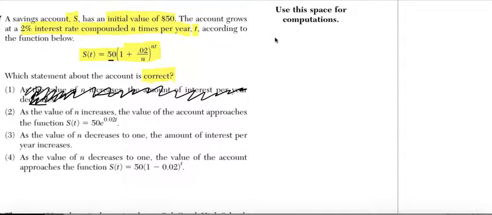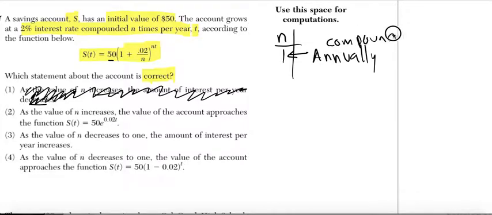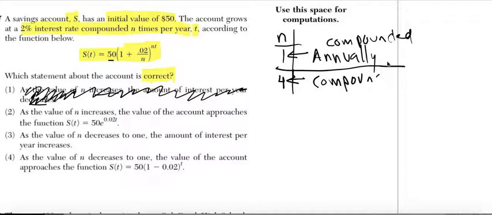So for the n value, if n equals 1, that's once per year, that's annually. If it's compounded 4 times per year, we call that compounded quarterly. And each time n increases, the amount of interest per year actually increases.